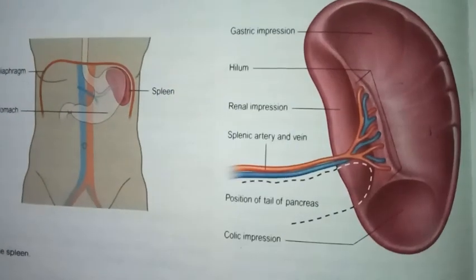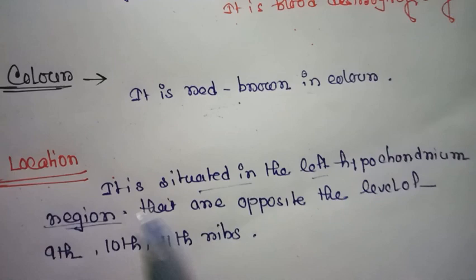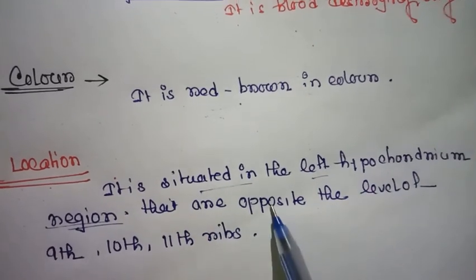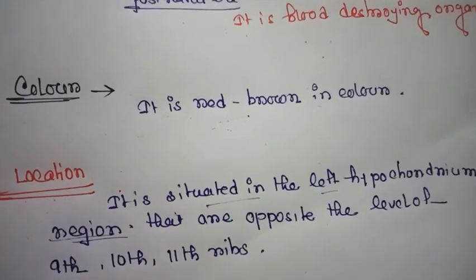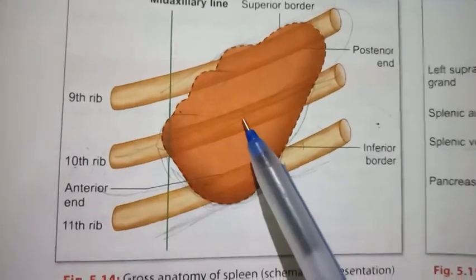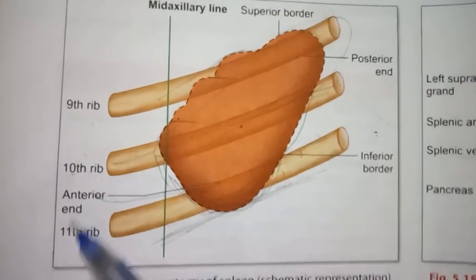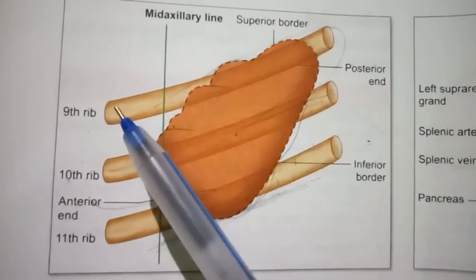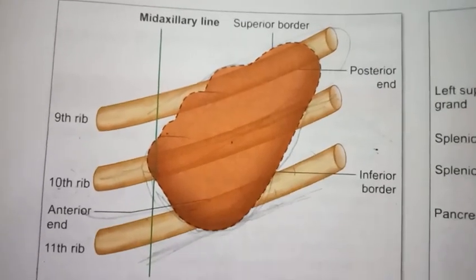This region is opposite the levels of the 9th, 10th and 11th ribs. So the spleen is situated opposite the 9th, 10th and 11th ribs. These are the 9th, 10th and 11th ribs, and this is the spleen.